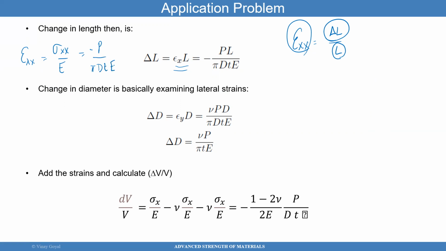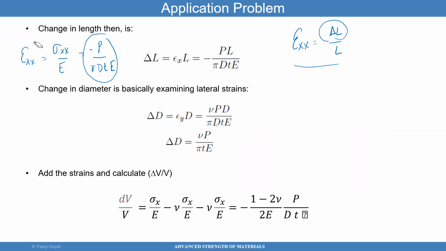If I multiply this strain by L, then I get the change in length, because epsilon xx is equal to delta L divided by L. So I can calculate the change in length using this formula.